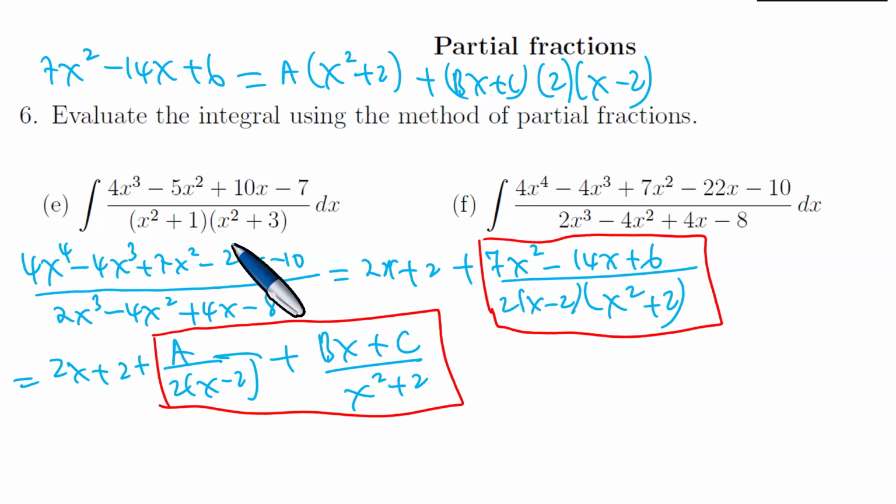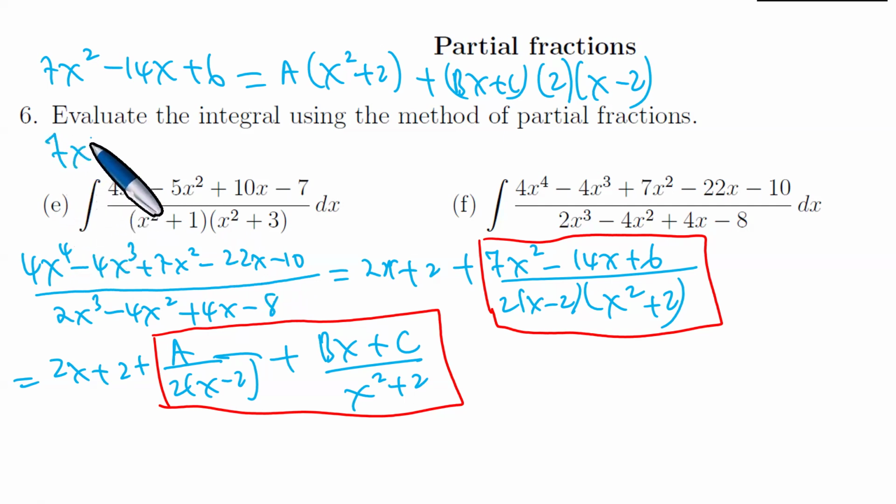Now, a couple of things remain very important here for us to take into account. If x is 2, then you can get one of these, you can get A. Then we can find the others.